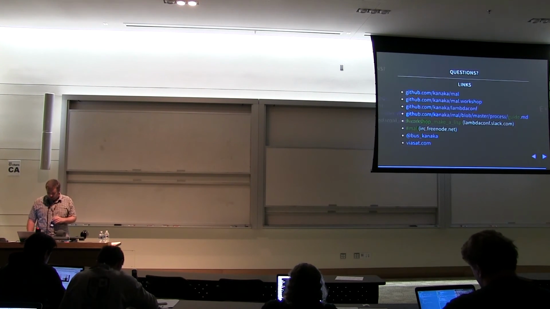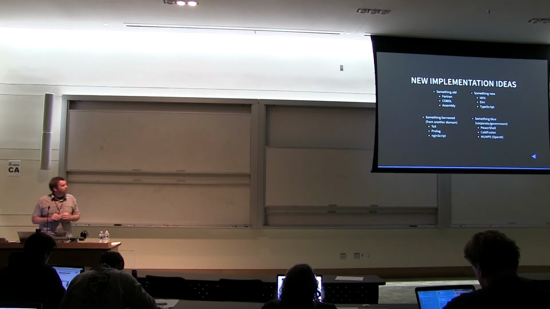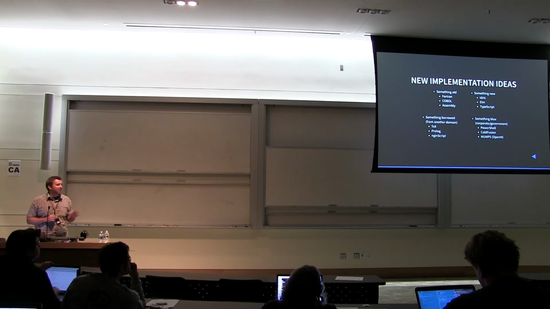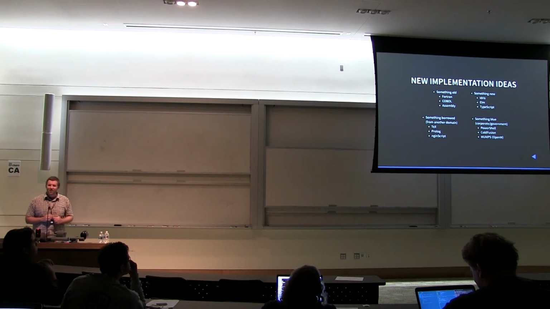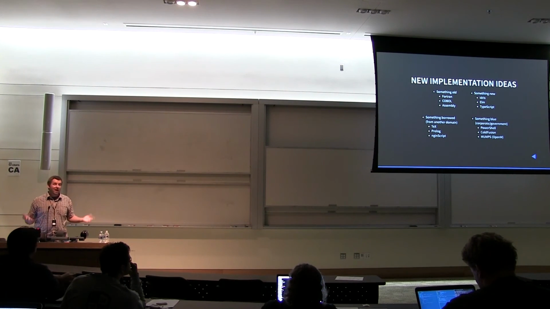I think we have 2 more minutes, so we're just going to show some inspirational material. These are languages that don't have implementations of mal in them yet. So if any of these are languages you're interested in learning deeply, I have found that implementing mal in a new language is a way to learn that language really deeply.